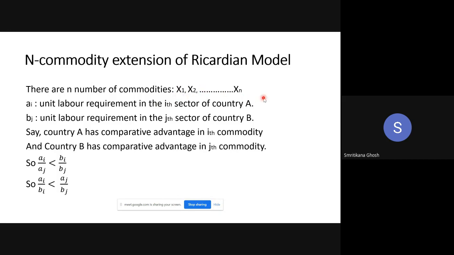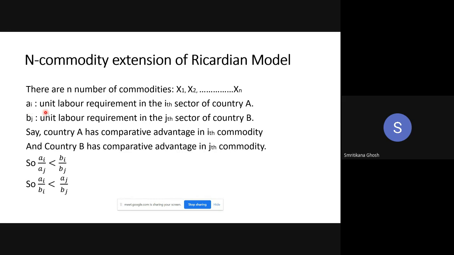Now ai is the unit labor requirement in the ith sector of country A. That is what we called aLC, aLW initially. For simplicity, here we are writing just ai. The L is missing because we know labor is the only factor of production.